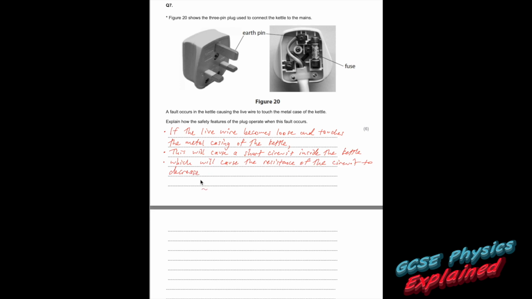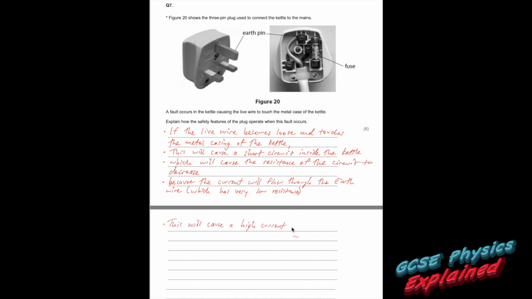Because there's less resistance, the current will increase. Because instead of the current going around a high resistance filament inside the kettle, the current will simply pass through the earth wire, which has got very low resistance. Now because there's so little resistance in the circuit, that'll cause a high current.